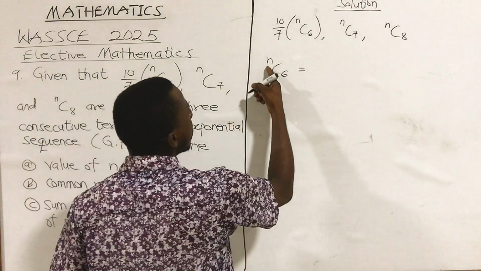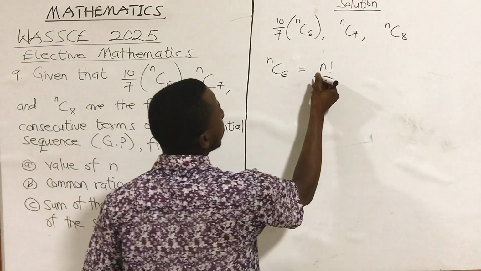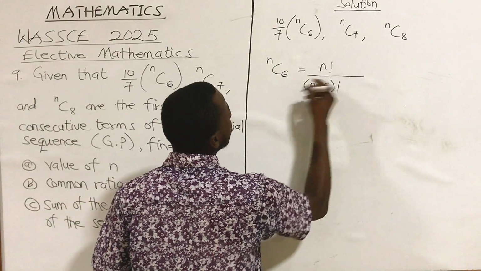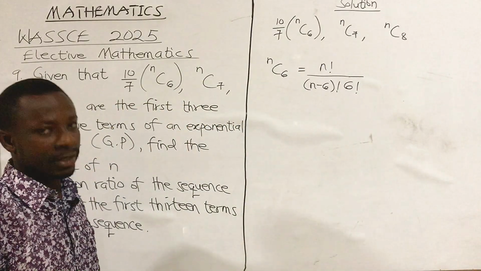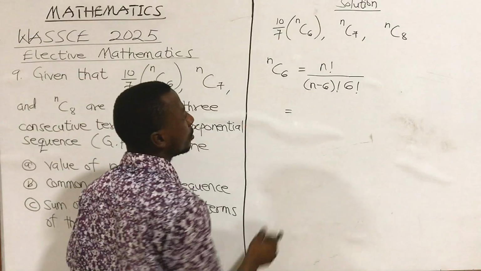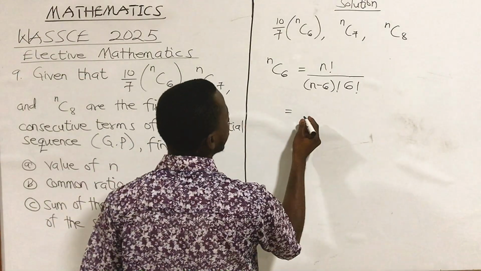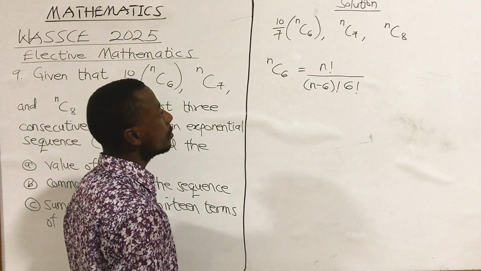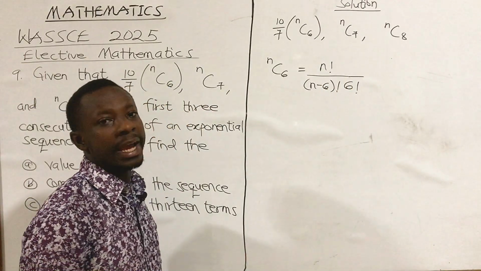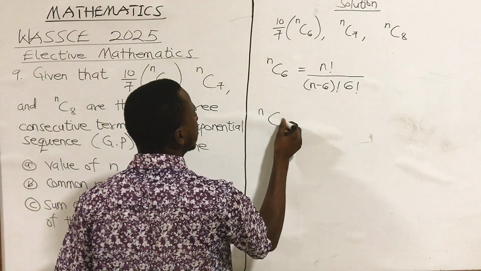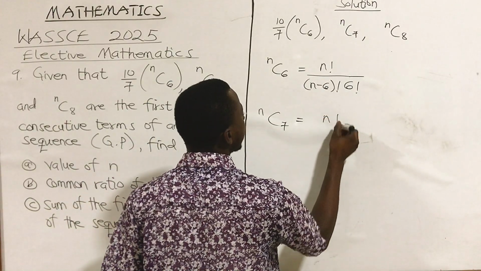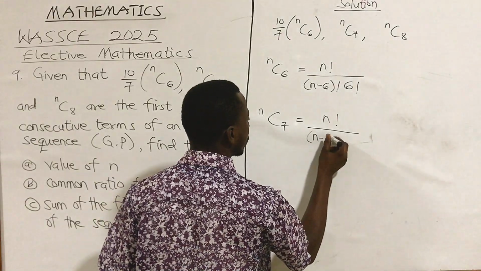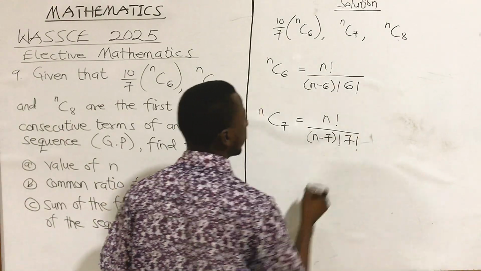With combination, we always take n factorial over (n minus 6) factorial, times 6 factorial. nC7 is also n factorial over (n minus 7) factorial, then 7 factorial.